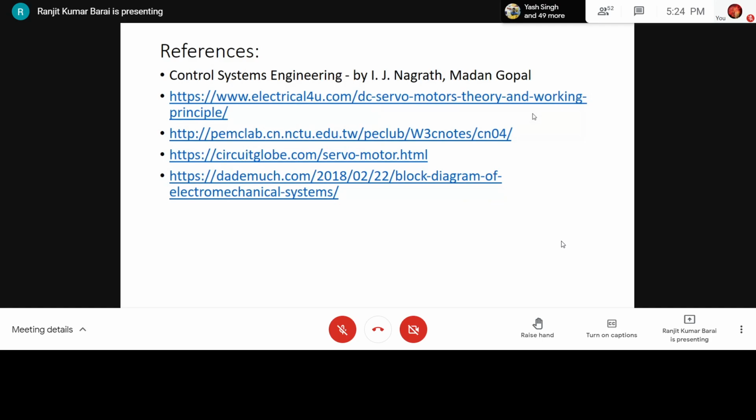So in conclusion, we can say that we have performed a very nice experiment where we have seen how to derive the speed torque characteristics and how to check the nonlinearity present in a DC servo motor, and also from the time response we were able to find out the transfer function of the system.